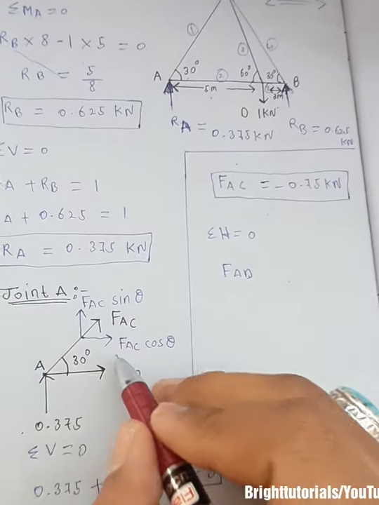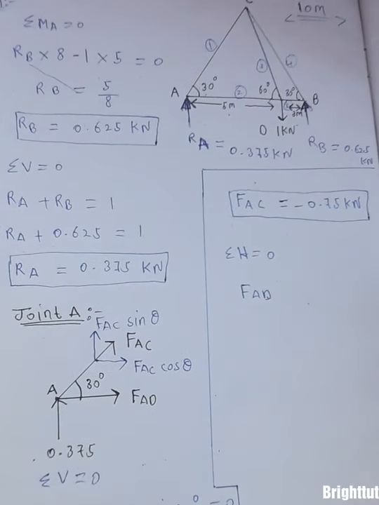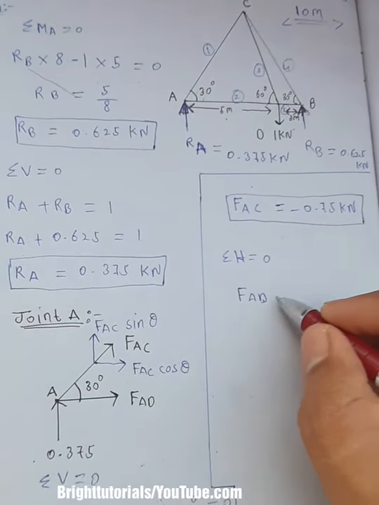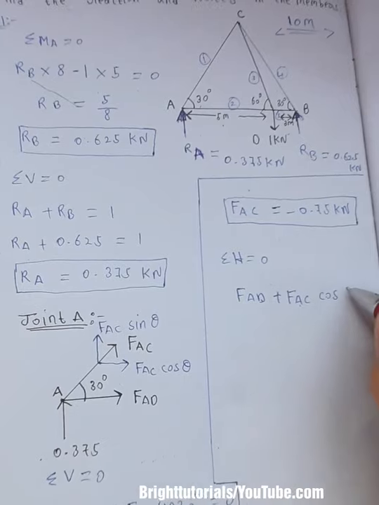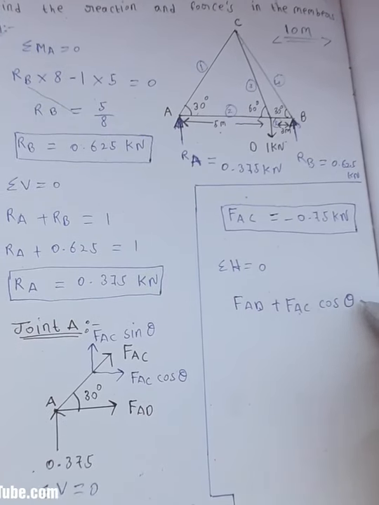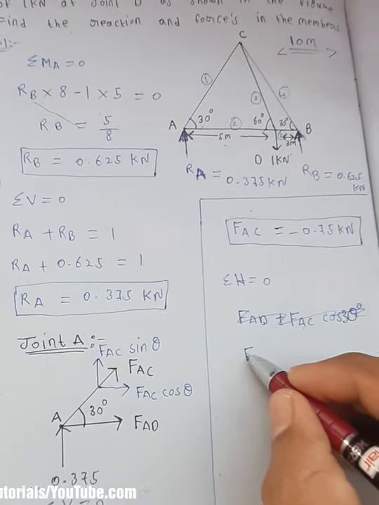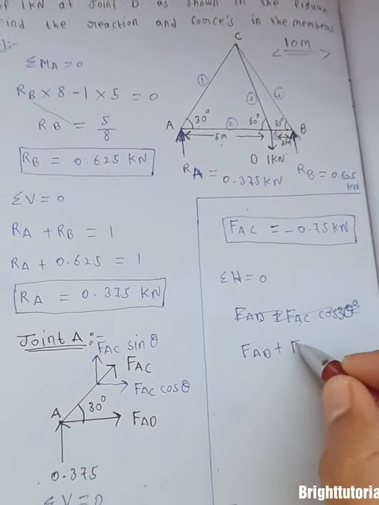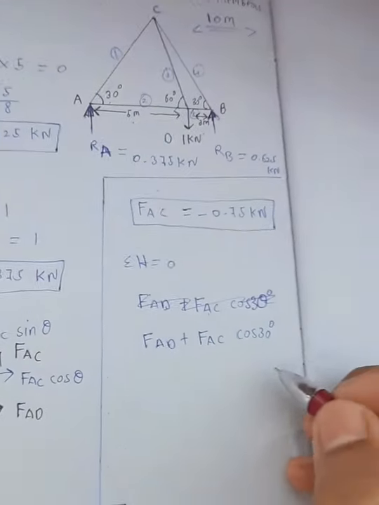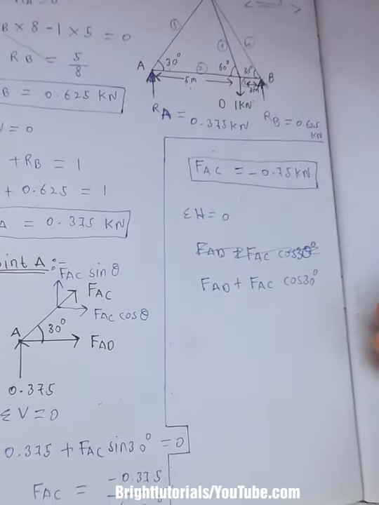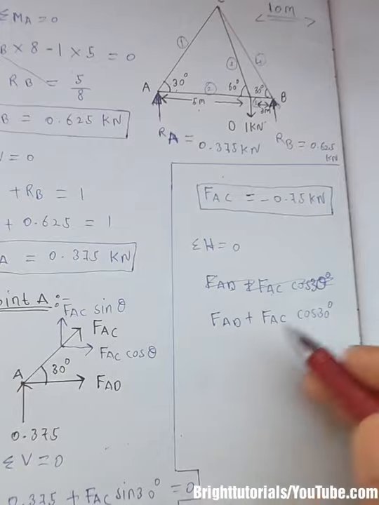FAC cos theta is also a horizontal force going towards the right side, so it is also positive: FAD plus FAC cos 30 degrees equals to 0.